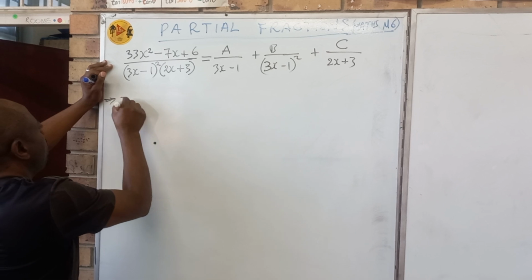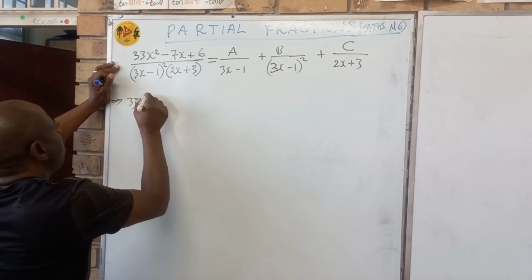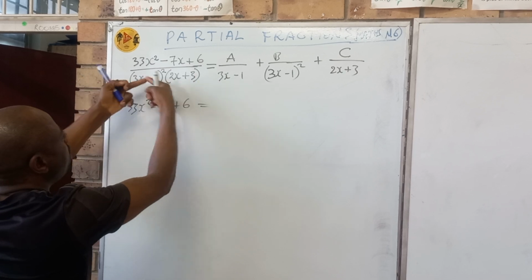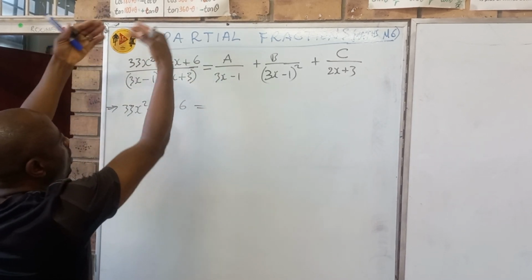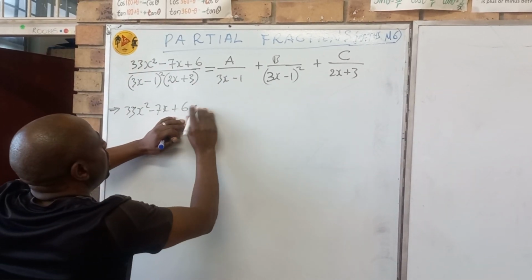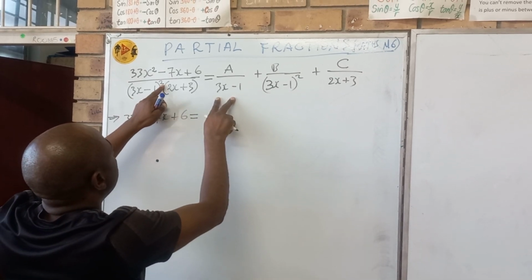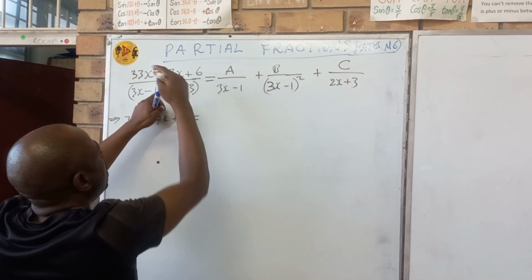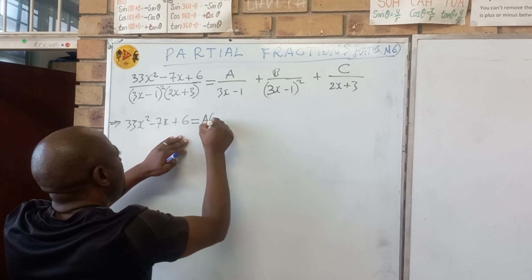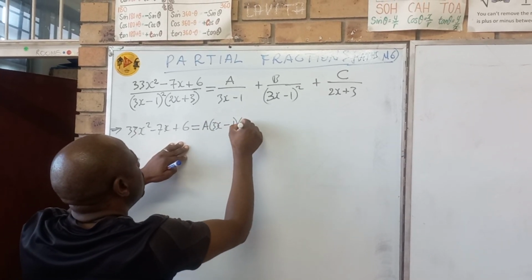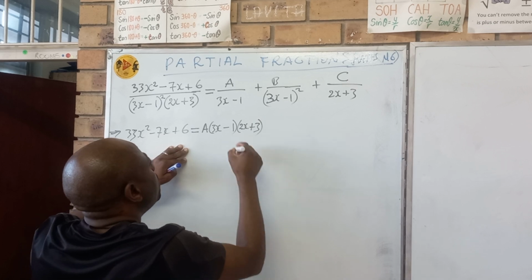On the left, we'll get 3x squared minus 7x plus 6, which we get by using the LCD to divide itself. It gives 1, we multiply there. Then if I switch to the right, if I divide the LCD here, you see that 3x minus 1 will take out 1 of that. So I get A into (3x minus 1) into (2x plus 3).